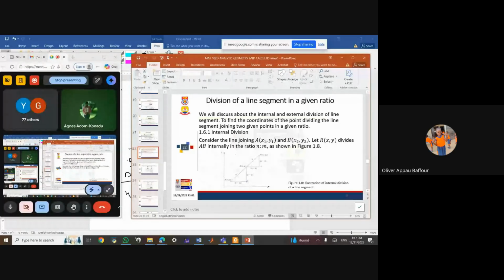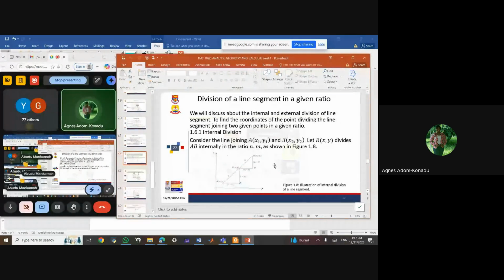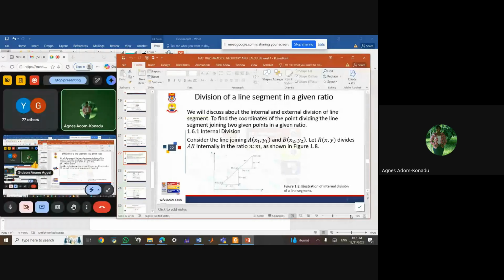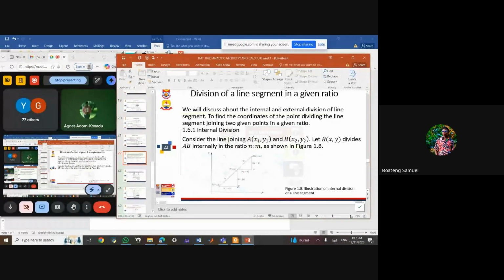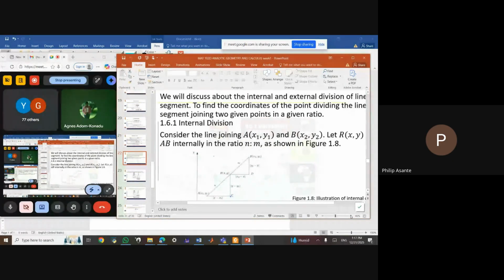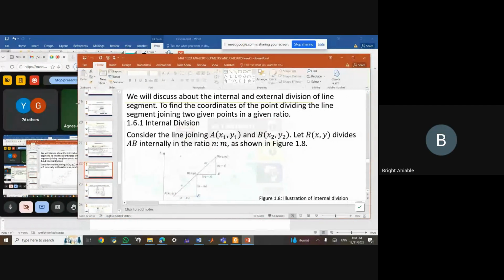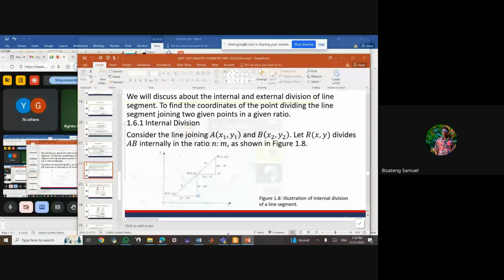But can you see the drawing? It's too light. Madam, it is faint. Is it small or faint? Zoom it a little bit for us. Very faint. Is it okay? Yeah, madam, it's okay now.